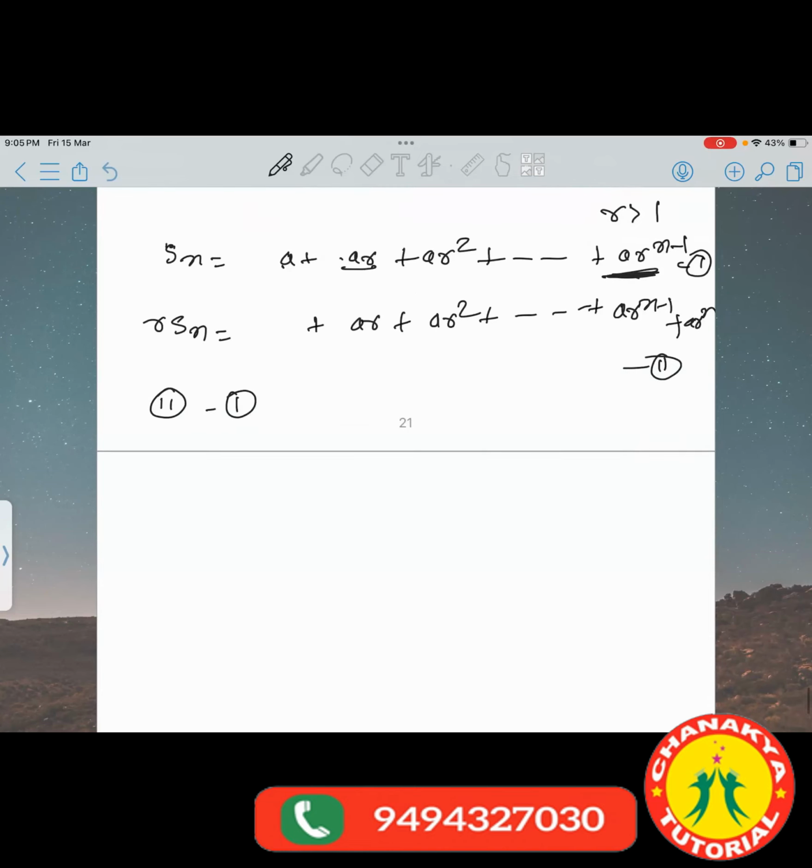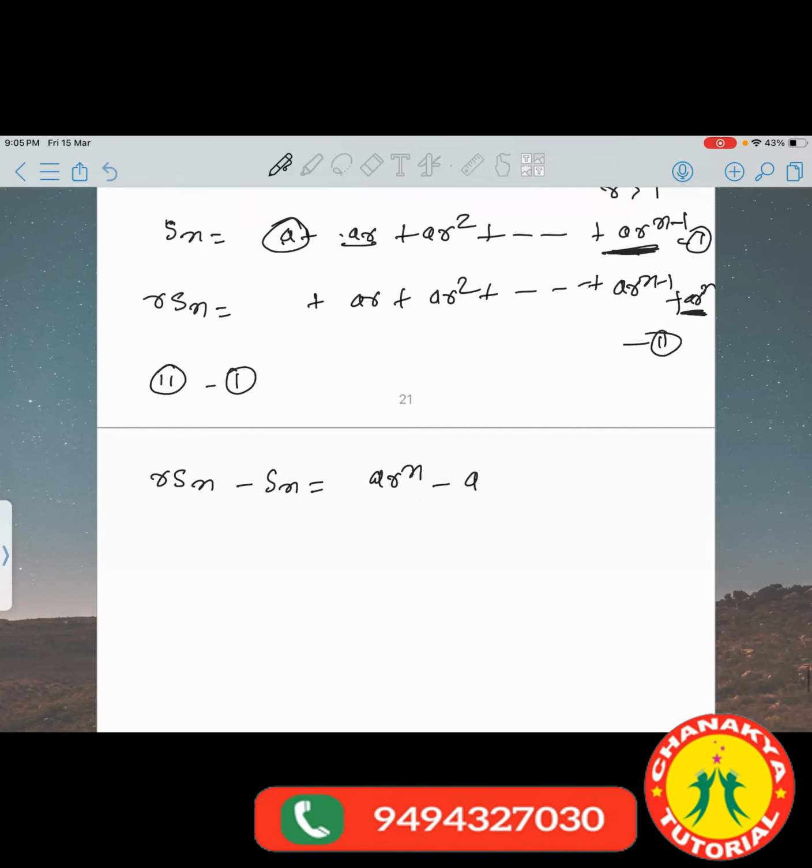So if you subtract, LHS minus RHS, every term is cancelled out, right? Only left is from here this term, and from here this. So basically a r power n minus a; on the right hand side every term is cancelled, right?